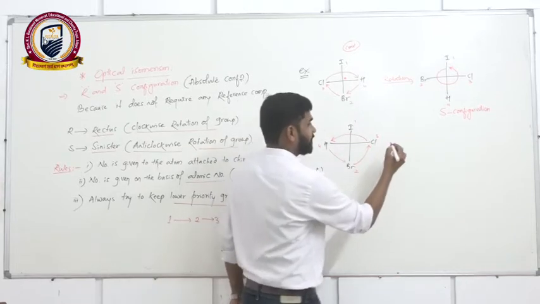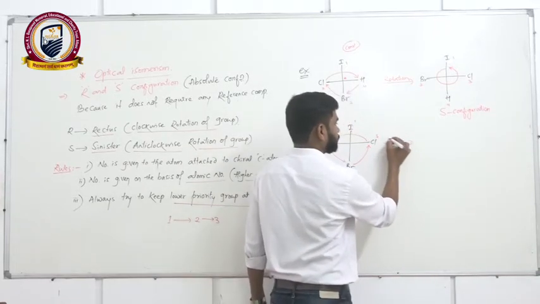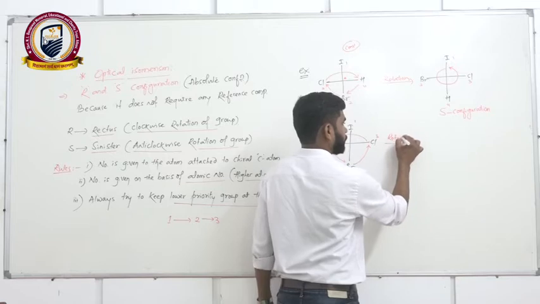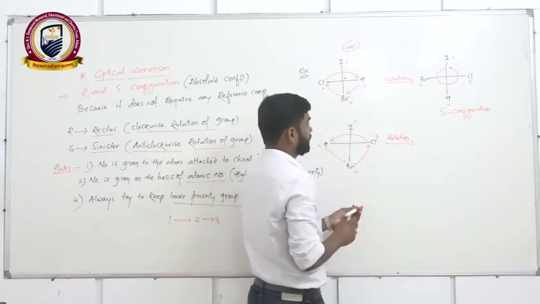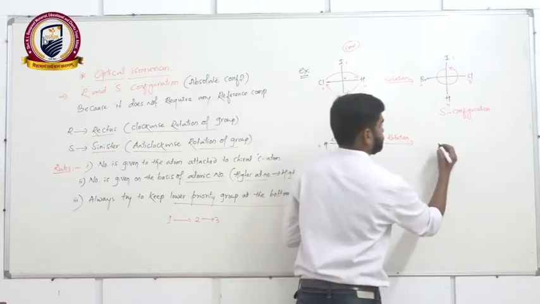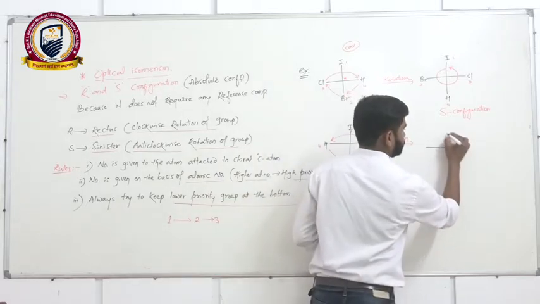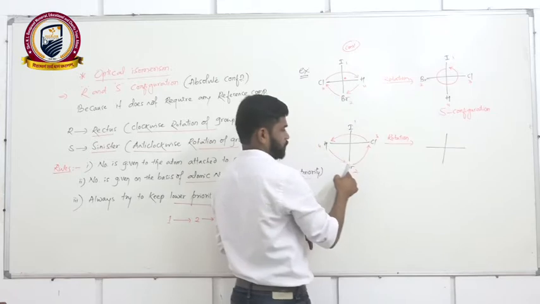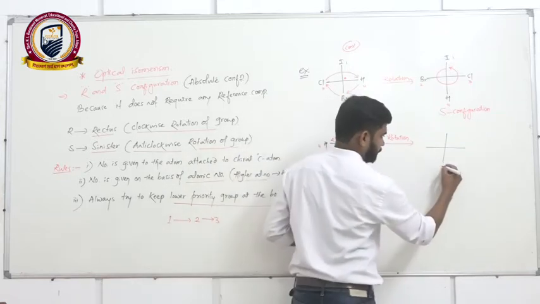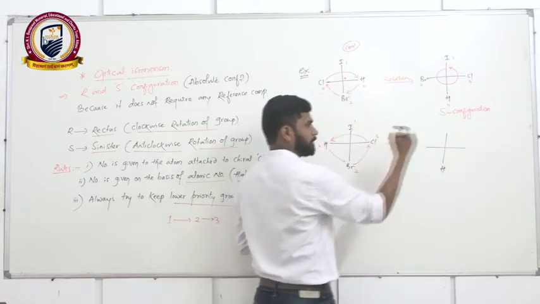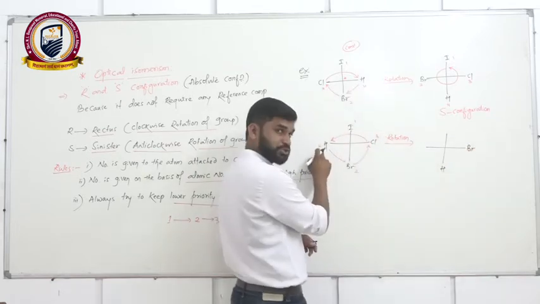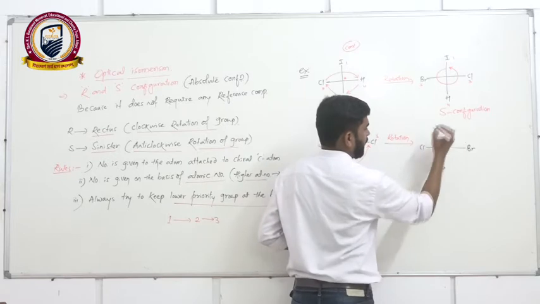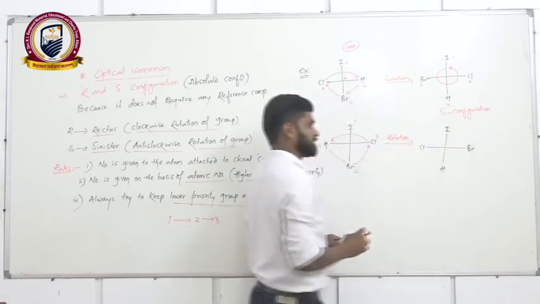Okay. So after this rotation, we will have the compound as, so hydrogen will come here, bromine will come here, and chlorine will come to the position of hydrogen, and iodine will stay in the same place, right?